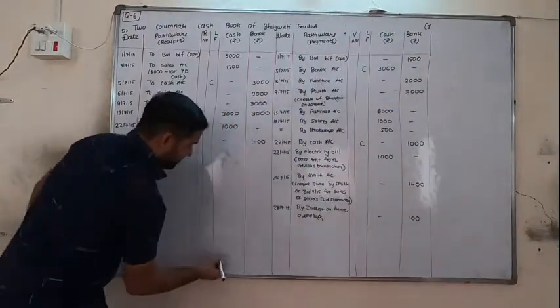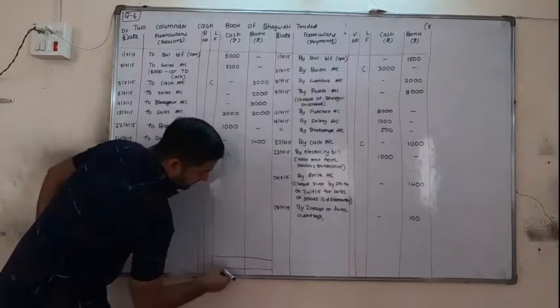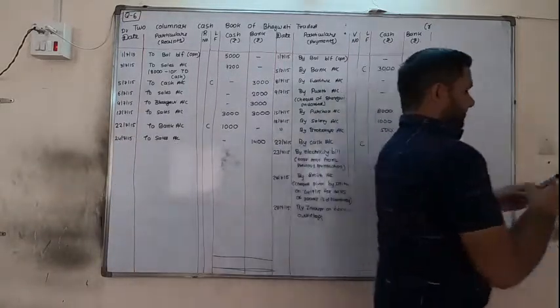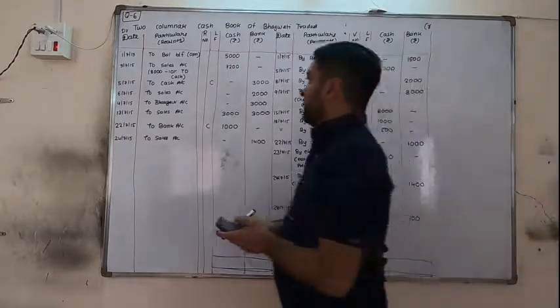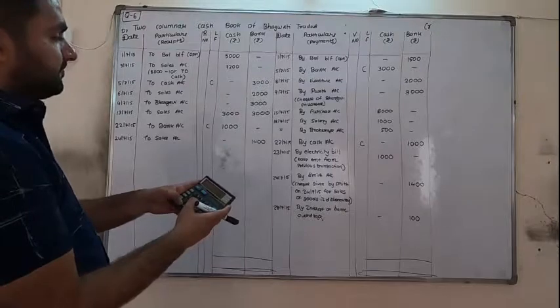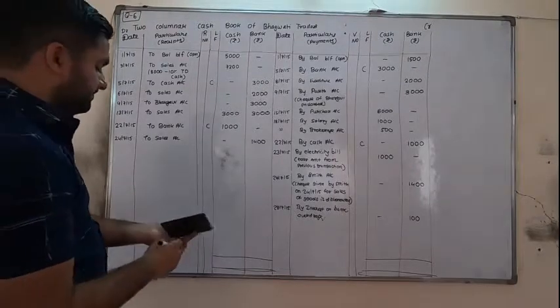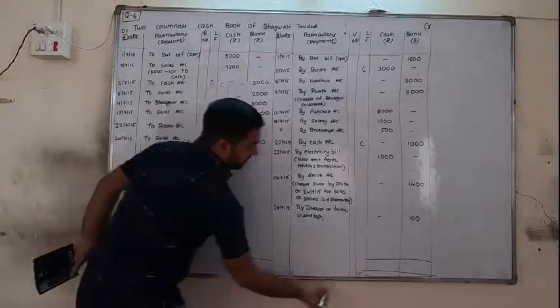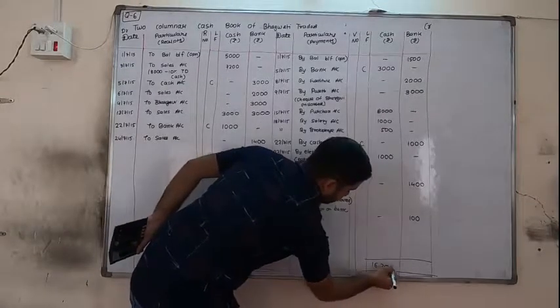Now the totals. Again, I said always cash will be more. Debit side 5,000, 7,200, 3,000, 1,000, 16,200. 16,200.